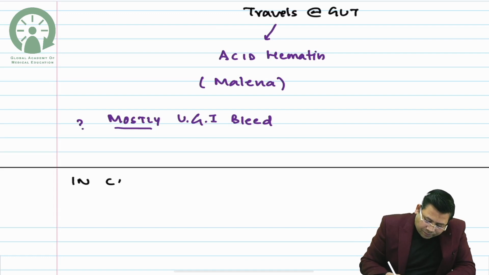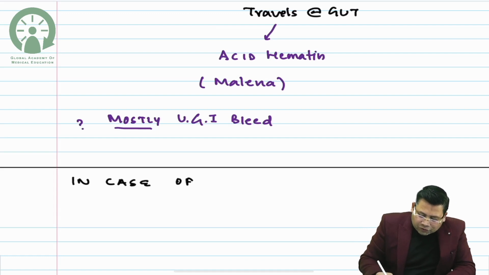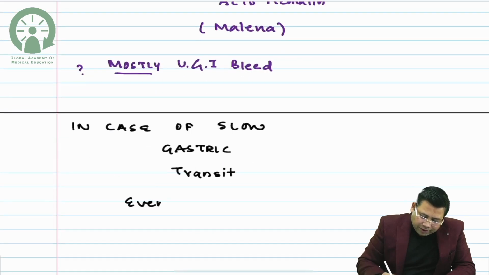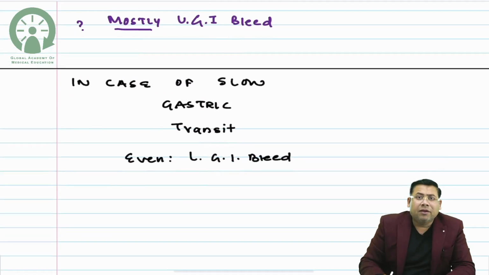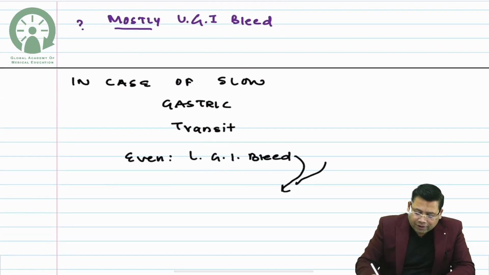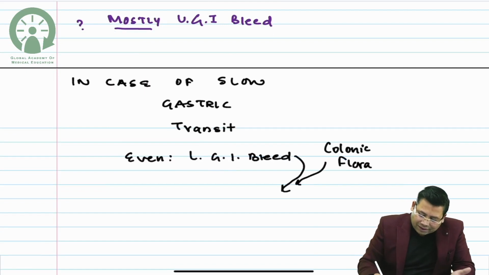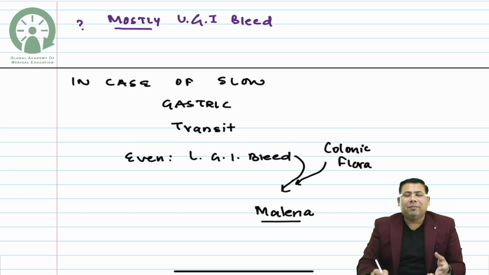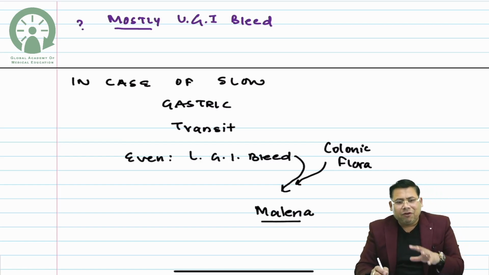So in case of slow gastric transit, even the lower GI bleed gets sufficient time to interact with what, students? To interact with the colonic bacteria, or the colonic flora, to convert it into what, students? Yes, it converts it into melena. So ultimately, it is the peroxidase activity that we want to see.